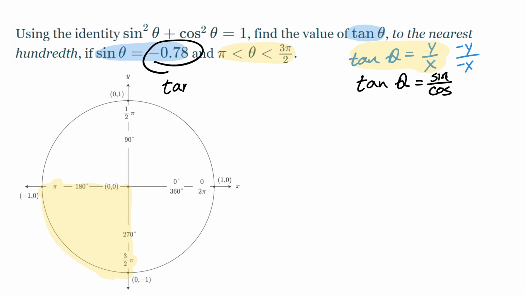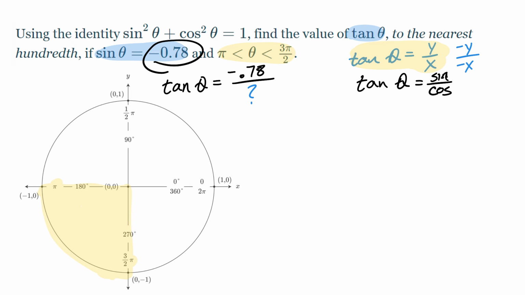So tangent will be equal to whatever we find cosine to be will be our denominator, but our numerator is going to be 0.78.